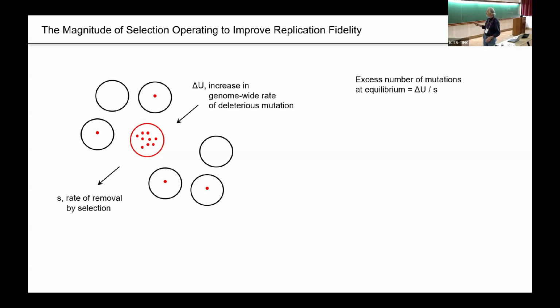So we have to multiply the excess number by the effect S, and a long time ago somebody invented numerators and denominators, and that was very nice because we've got one in the denominator, one in the numerator, the S goes away, and the selective disadvantage of a mutator allele in an asexual population turns out to simply be equal to the increase in the genome-wide deleterious mutation rate, independent of the effects. Because if the effect of these individual mutations go up, their frequency goes down, and those two things balance out.